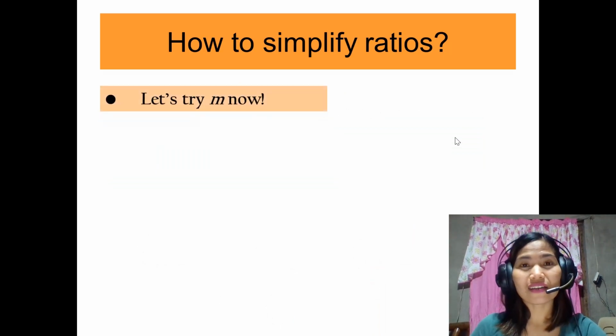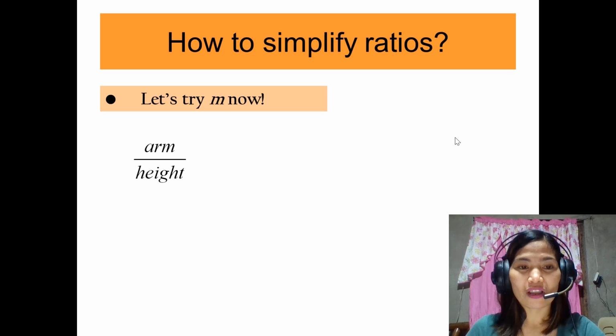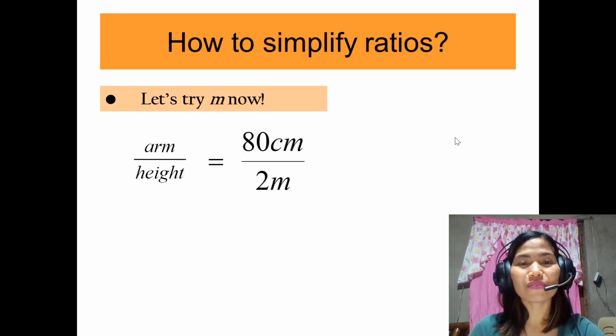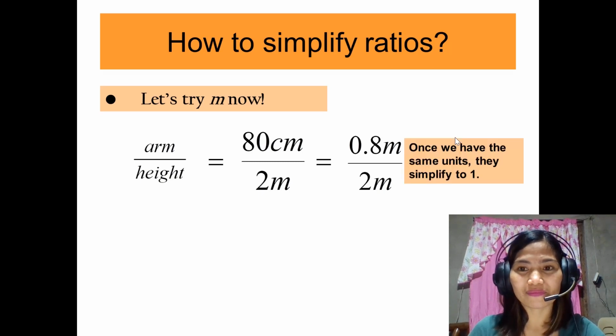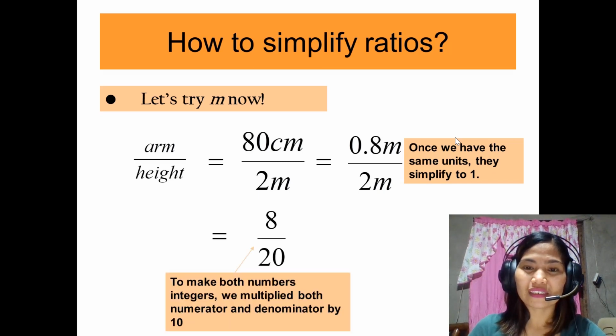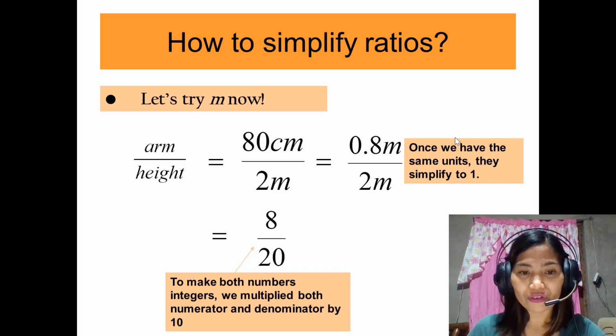Let's try now the meter. Arm is to height equals 80 centimeters over 2 meters equals 0.8 meter over 2 meters. So once we have the same units, let's try to simplify it. We will now have 8 over 20.